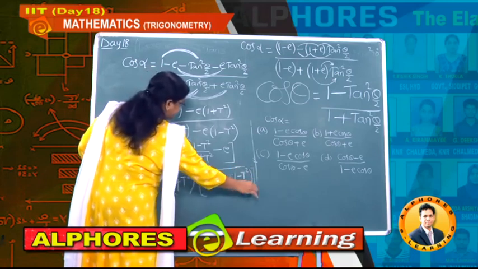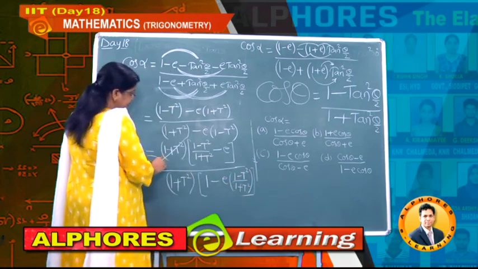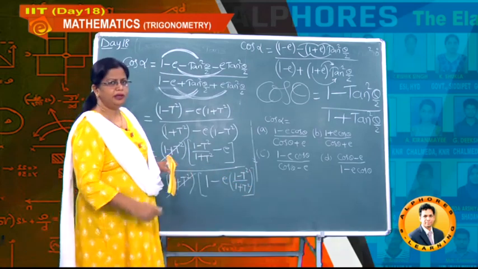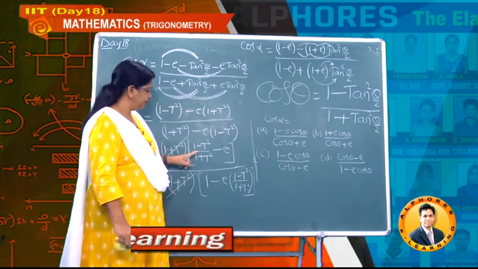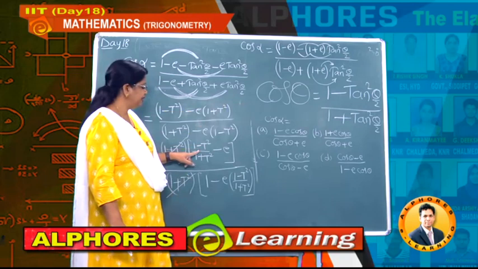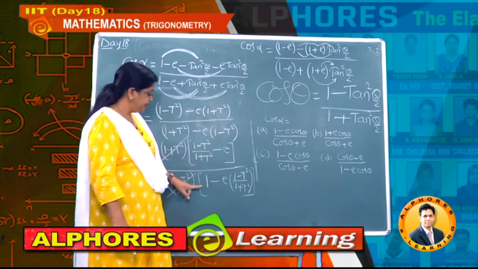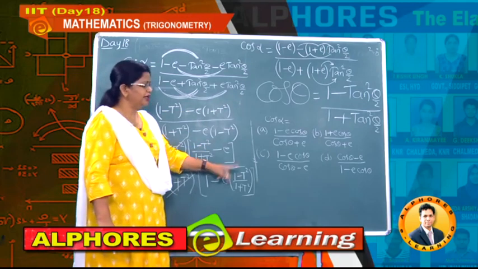Got the point, students? Now let us cancel these two terms. Okay. Now students, observe, easily cos theta you got here, right? Cos theta minus e divided by 1 minus e cos theta.